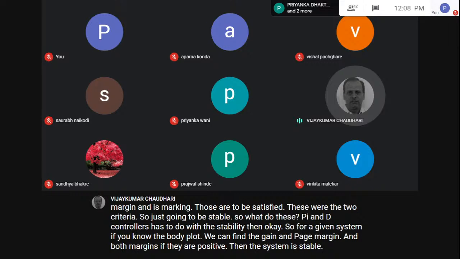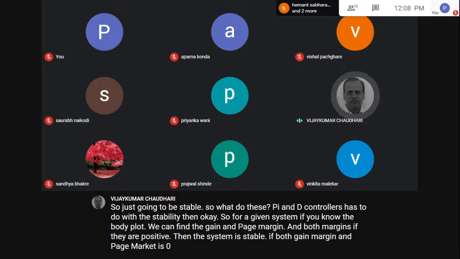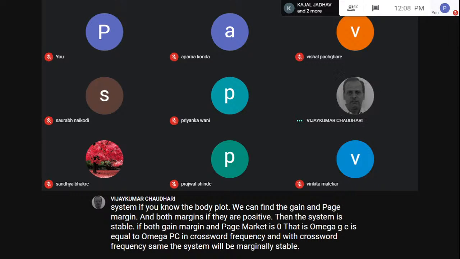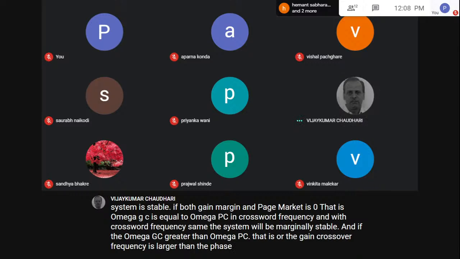If both gain margin and phase margin are zero, that is omega GC is equal to omega PC, the gain crossover frequency and phase crossover frequency are the same, the system will be marginally stable. And if omega GC is greater than omega PC, the system is unstable.